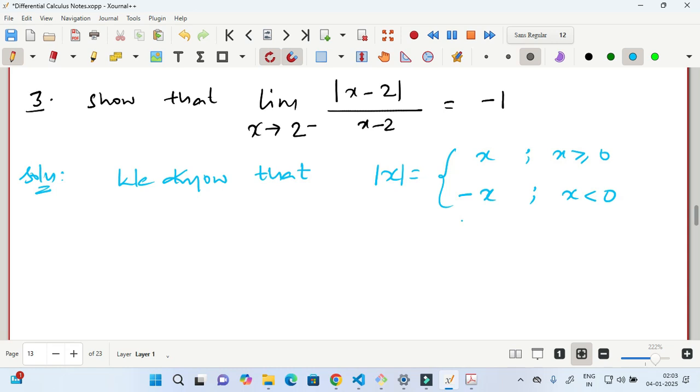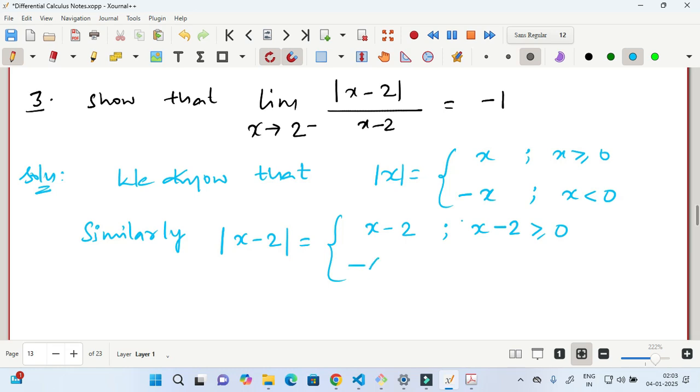So similarly, mod of x minus 2 is equal to x minus 2 if x minus 2 is positive, yes or no? If I throw this minus 2 to the right side, okay, I'll be writing in detail. x minus 2 is greater than or equal to 0, and minus of x minus 2 when x minus 2 is less than 0.